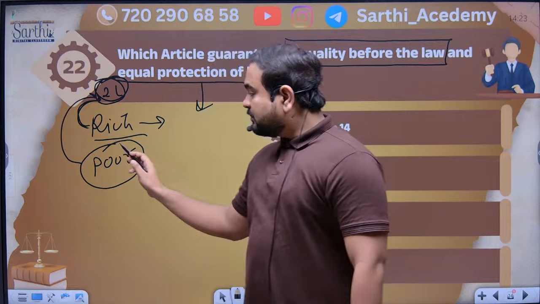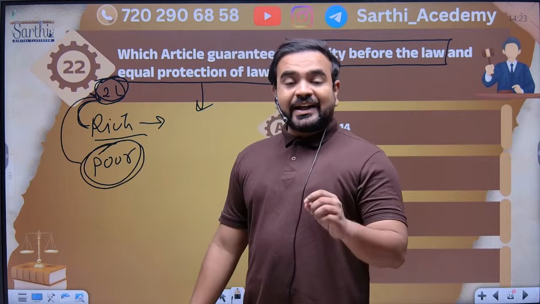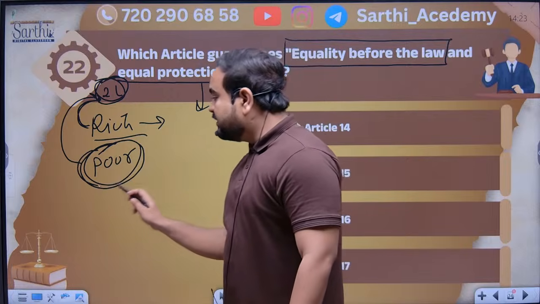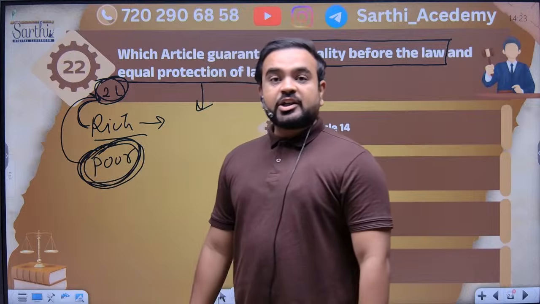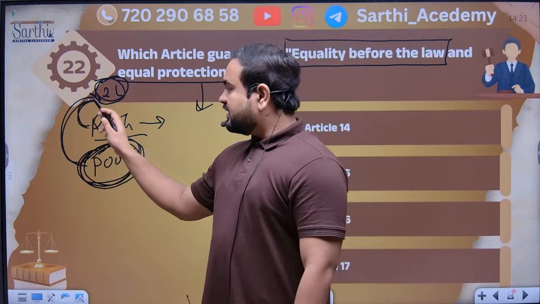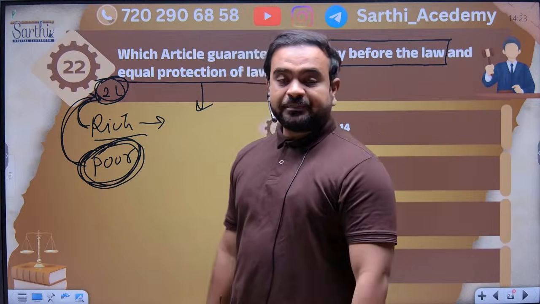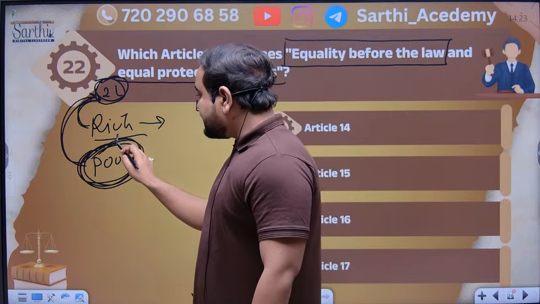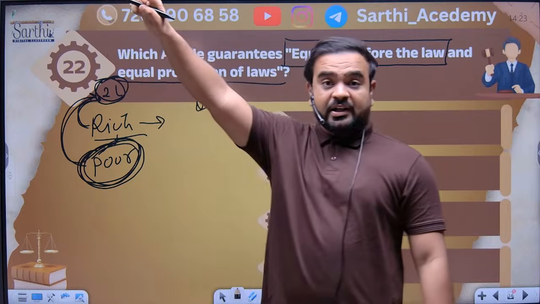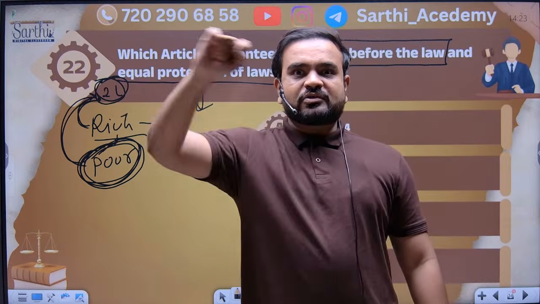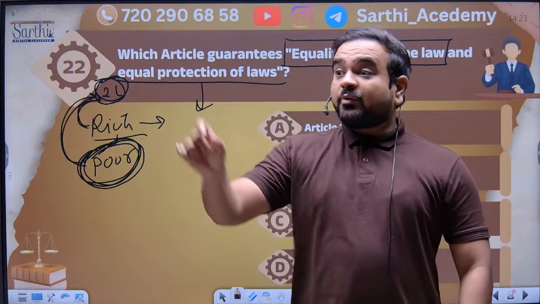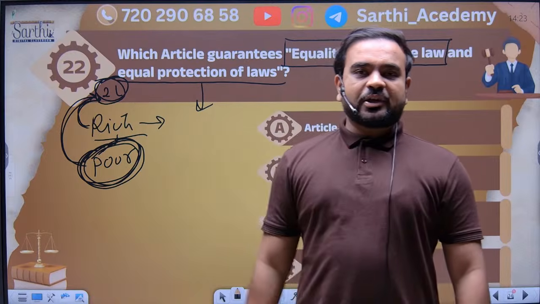So if somebody is poor, the state can give some free aid, some facility to this poor person: go and fight this case, we will provide you some facility. At that time this rich person cannot go to the government and say you have not provided equality, why are you providing a lawyer to that particular person.